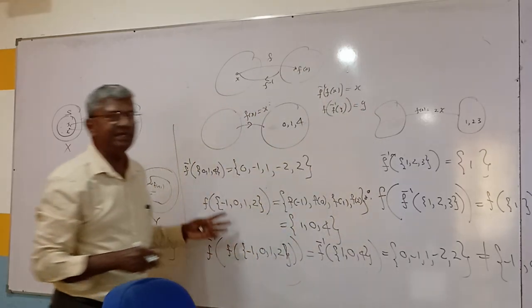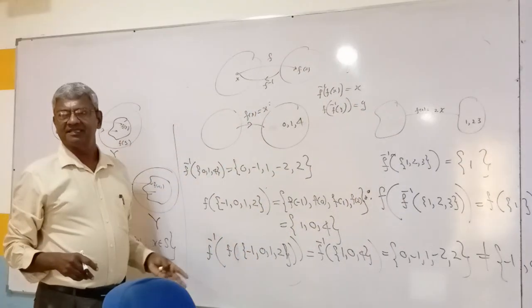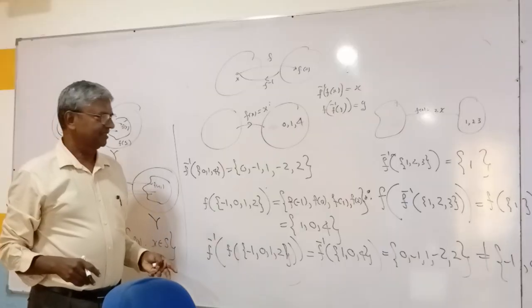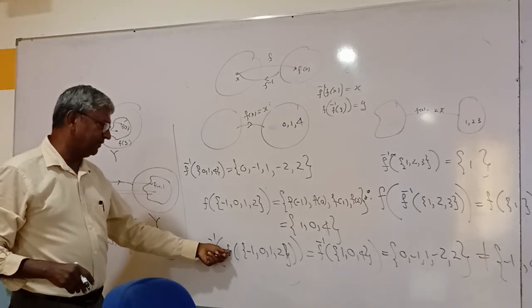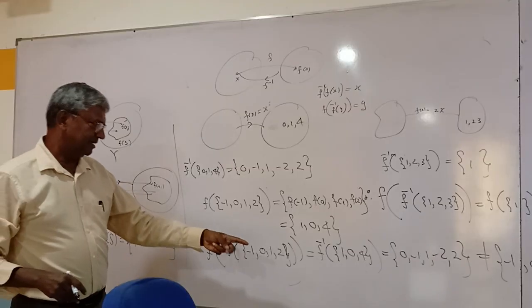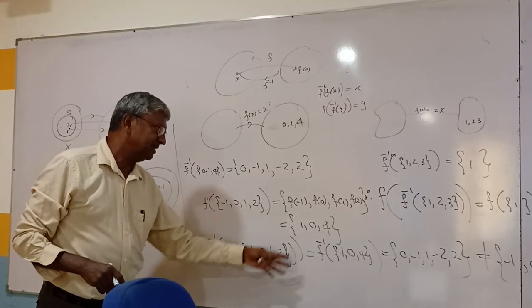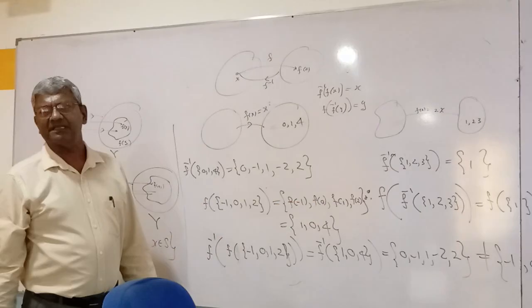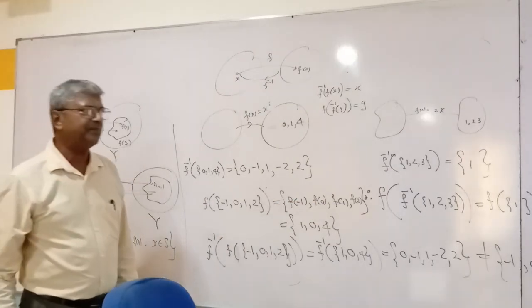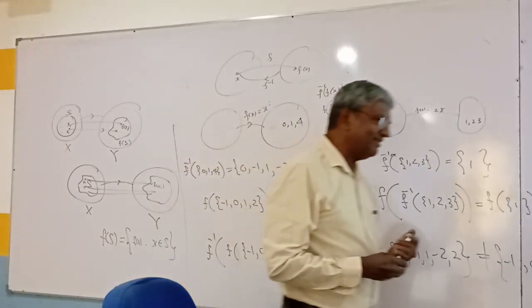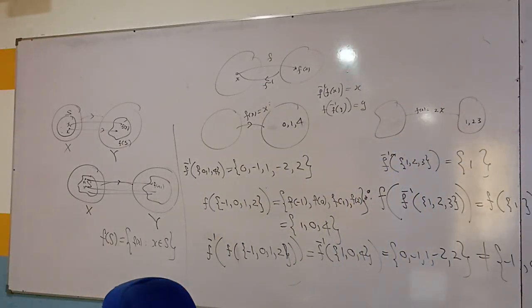This doesn't have to be true always. F inverse of f of a set does not have to be the same set. That's why these are very little things we just spend a couple of minutes on.